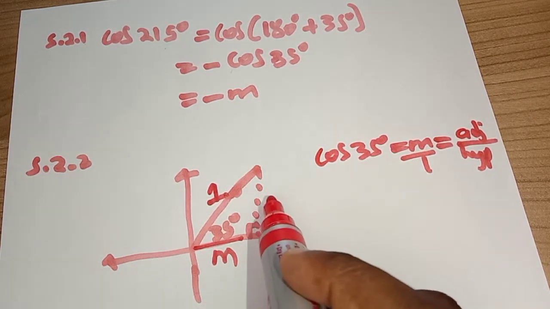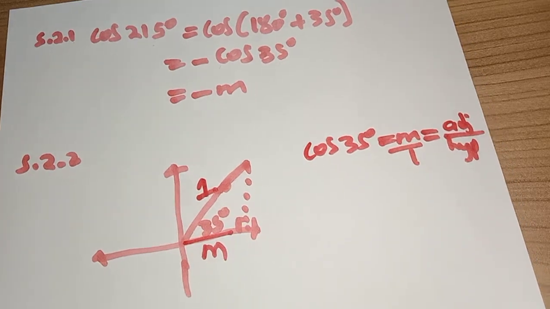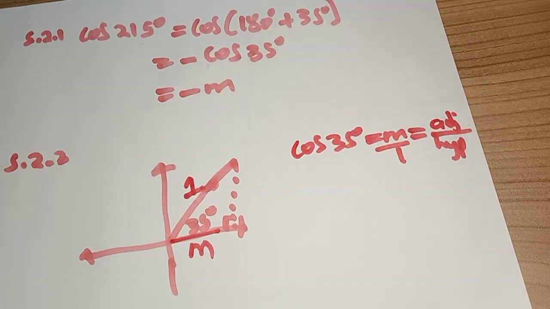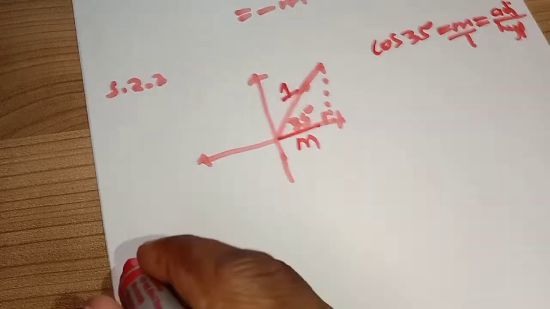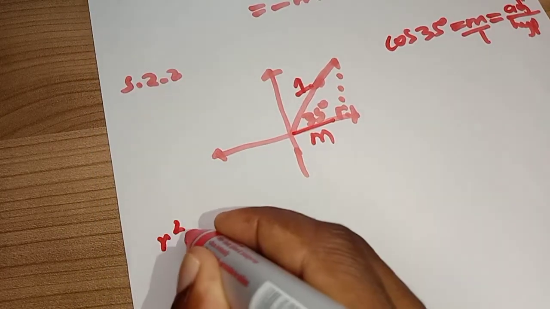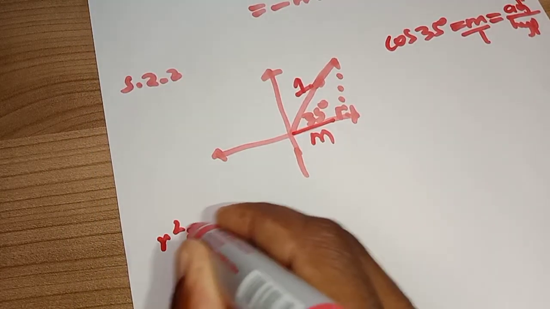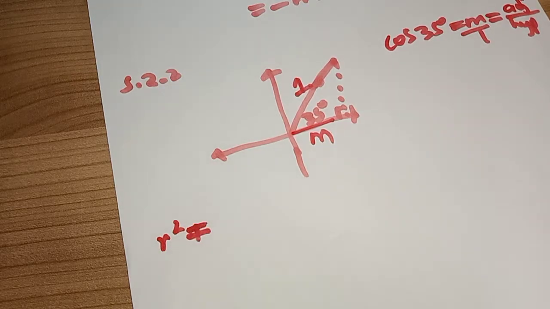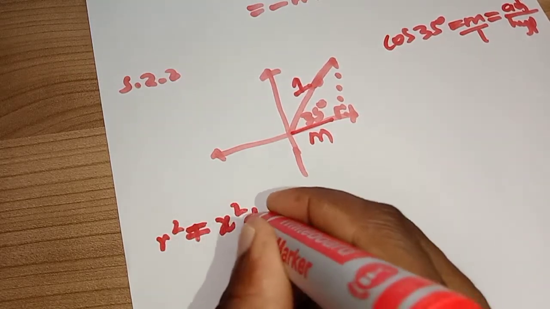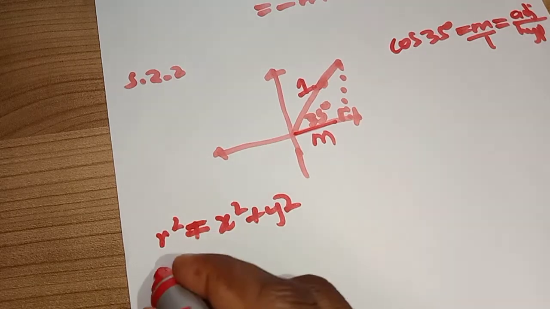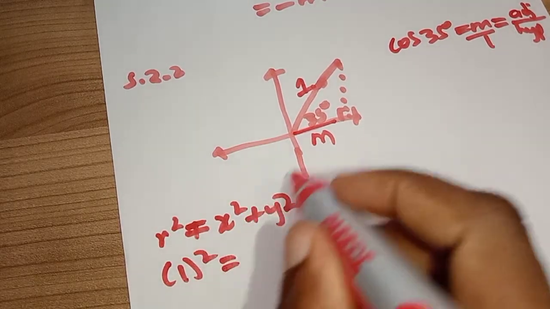Obviously, for us to get this side, we must use the theorem of Pythagoras. We remember very well that r squared equals x squared plus y squared. Our r squared is just 1.